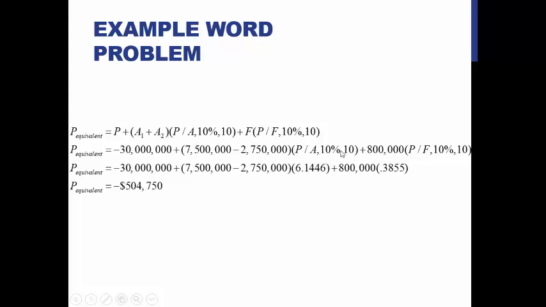And then we have to calculate or look this present factor up. Then the $800,000 for F. That's the salvage value. And again, we have to either calculate this or look it up.